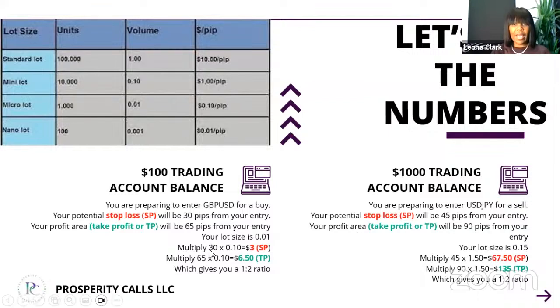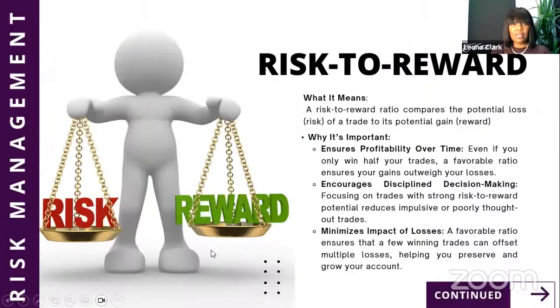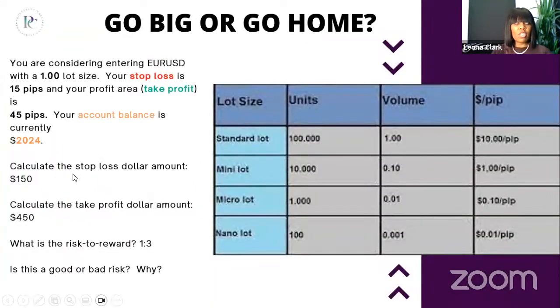Remember, you multiply your stop loss number in pips times the lot size. That's $10 per pip, right? So you're going to multiply 15 times 10, then 45 times 10, because this is a standard lot size.